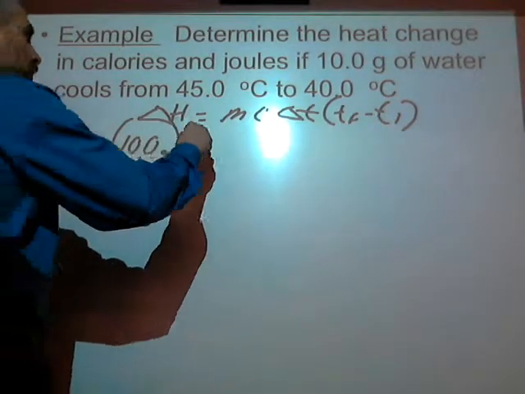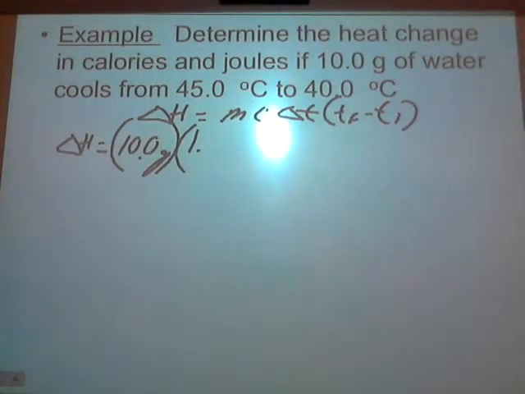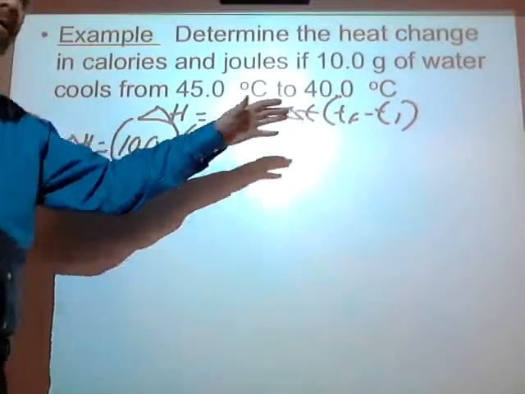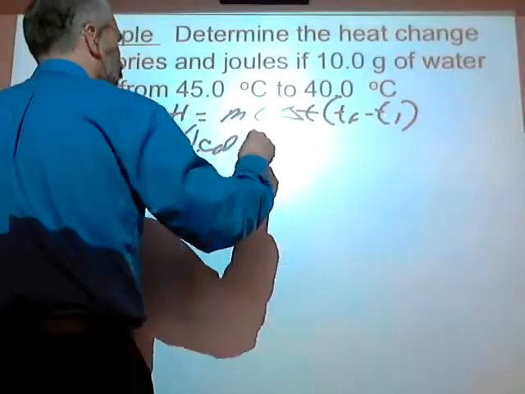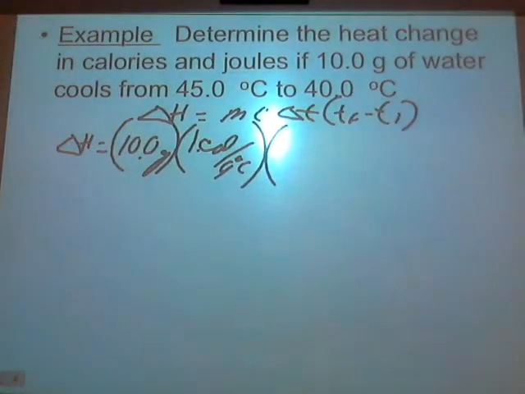I'll use 1. It's easy. And I don't even have to put 1.00, since it's our standard, it's an exact number. There's no infinite number of zeros. Calorie per gram degree Celsius, times T_f minus T_i. What's my final temperature? 40.